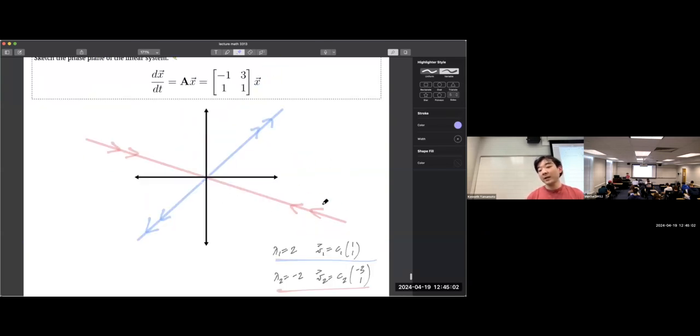So along the direction of red, you're going in, but along the direction of blue, you're going out. So the trajectories are going to look like this. Only one of them is going to shrink as time goes on, and the other one will go away.